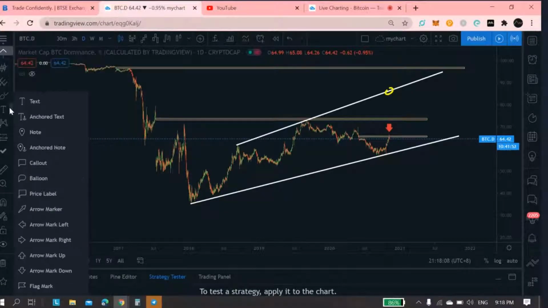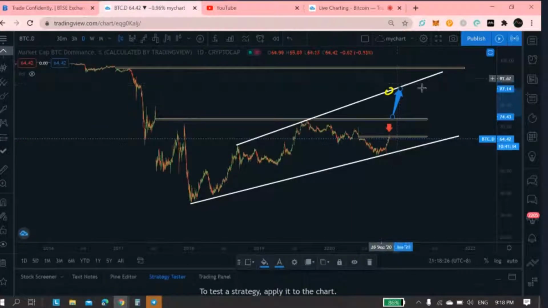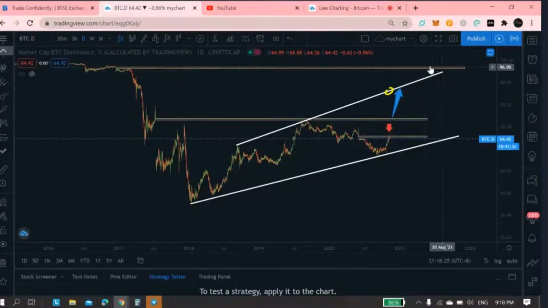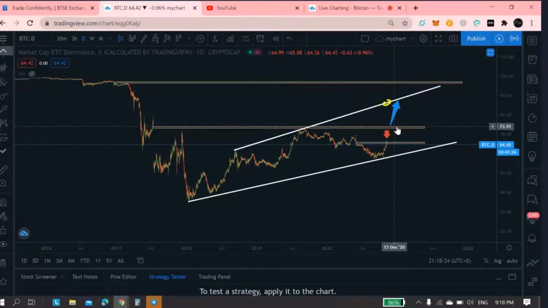I'm actually looking for the uptrend resistance area. So for this 97, let's just look into it after it fills this 74 area and breaks this strong resistance area also on this uptrend channel.